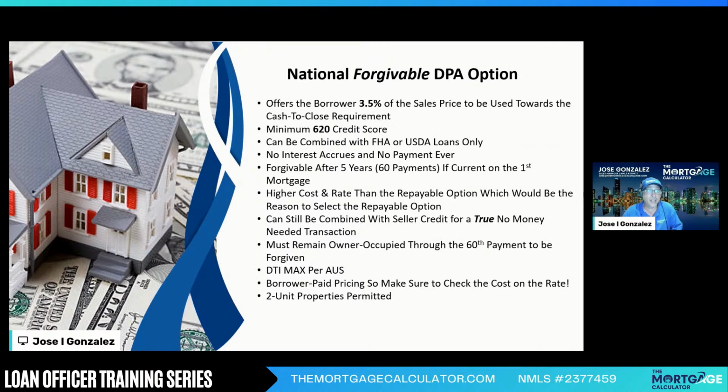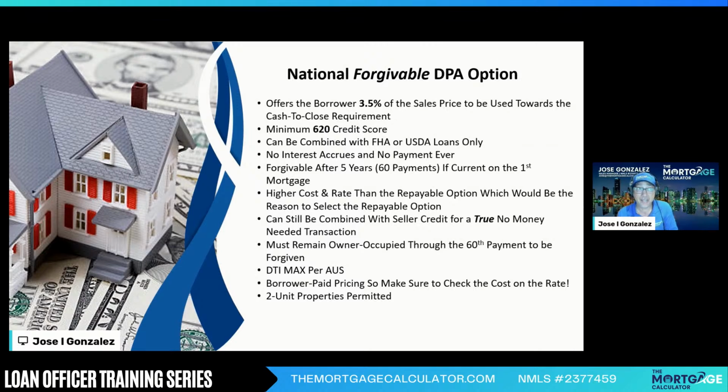So they're breaking it down to let them go down to a lower credit score. Now, this can be combined with FHA or USDA loans only, versus forgivable versus the repayable, which is for FHA only, not USDA. Now, the good news here as well, a lot of good news for this program, no interest accrues and no payment ever.